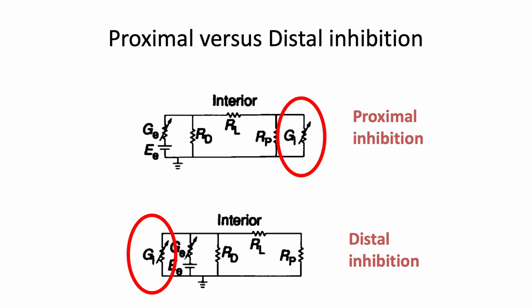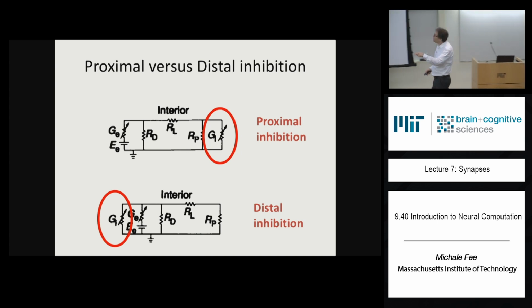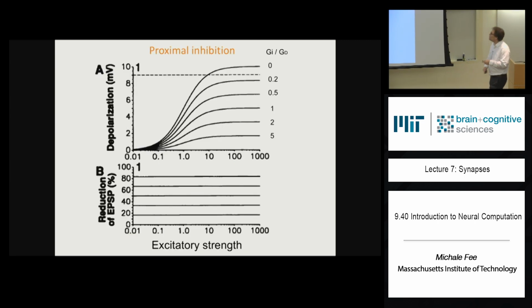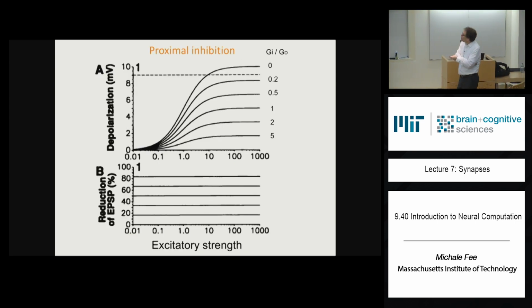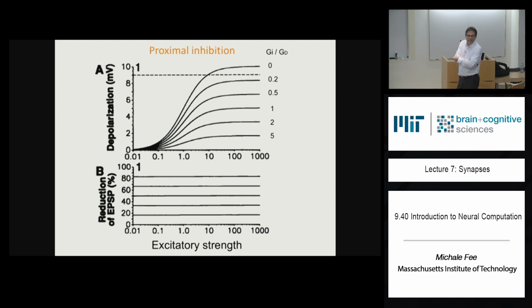They analyzed it mathematically exactly the way I just showed you. That very simple calculation works. You just use Kirchhoff's current law, and you write down the voltage response to the excitatory synapse as a function of the strength of these two different kinds of inhibition. And here's what you find. The proximal inhibition suppresses the response to the excitatory input by the same fraction no matter how strong the excitation is.